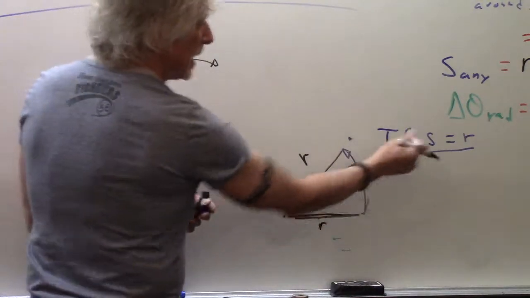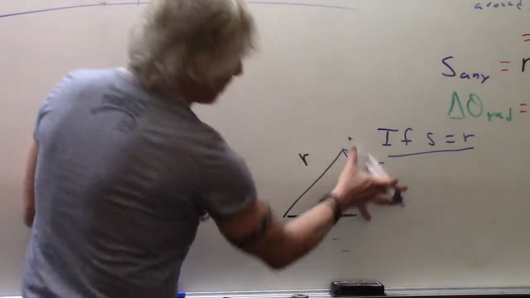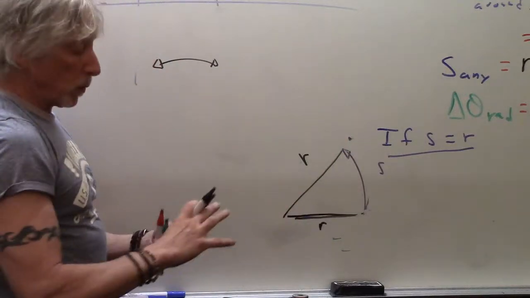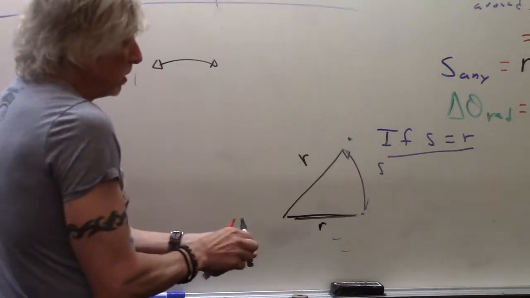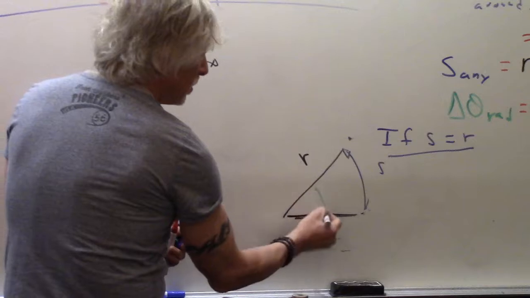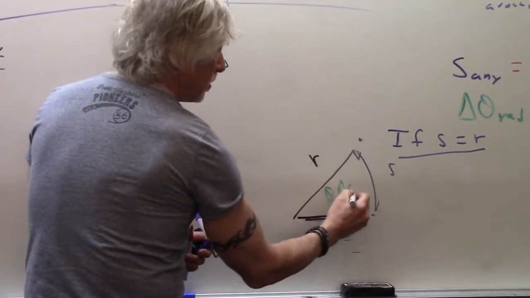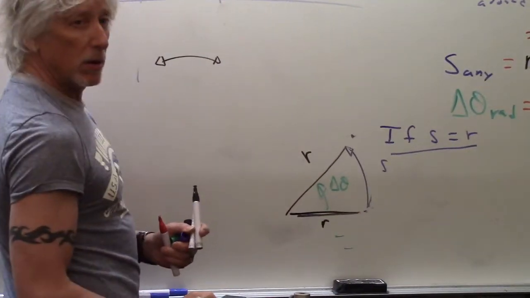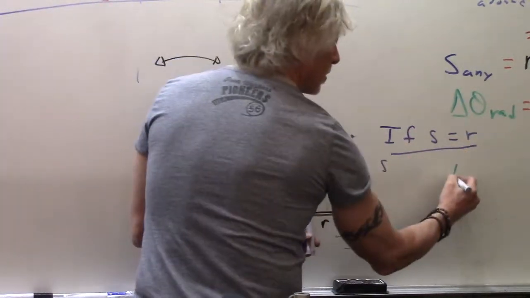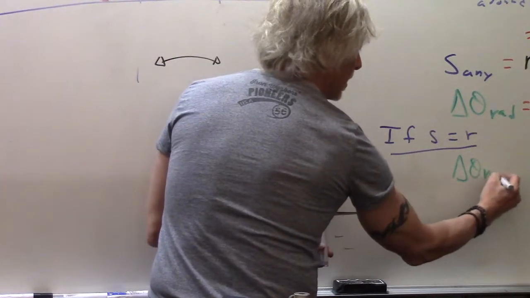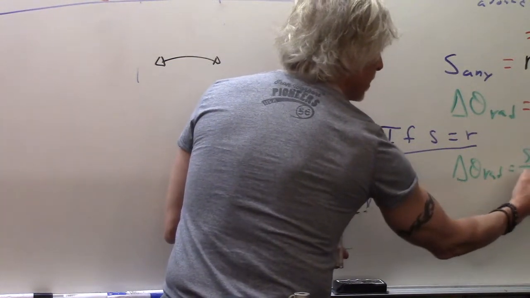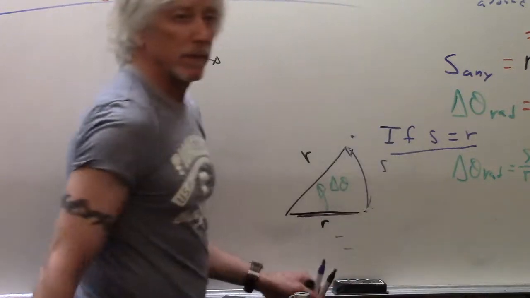Now, if S equals R, we tried to make it about the same, we have a certain angle here of what? Then delta theta in radians equals S over R equals 1, doesn't it?